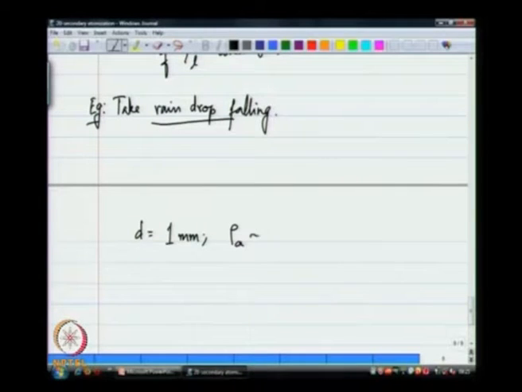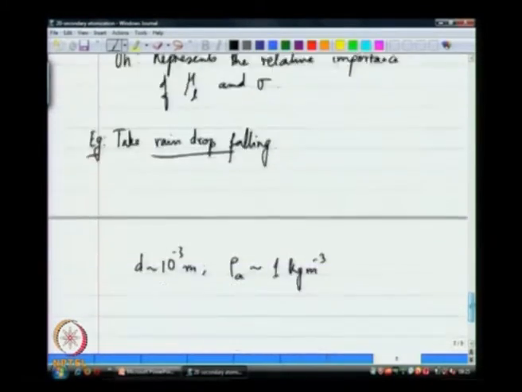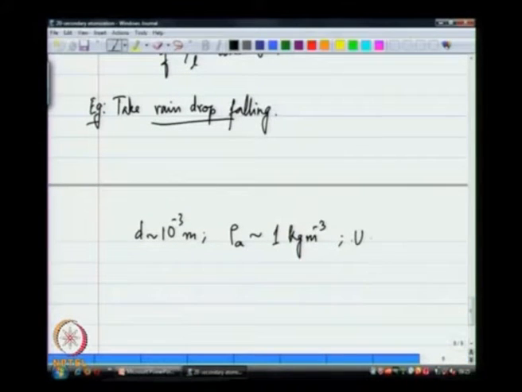I am only going to do an order of magnitude analysis. So, I will start by writing d is about 10 power minus 3 meters, rho A is about 1 kg per meter cube. We will assume for a moment that the drop has reached its terminal velocity, roughly about 10 meters per second.